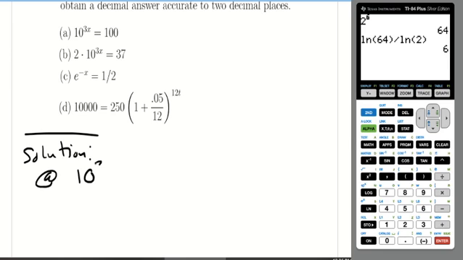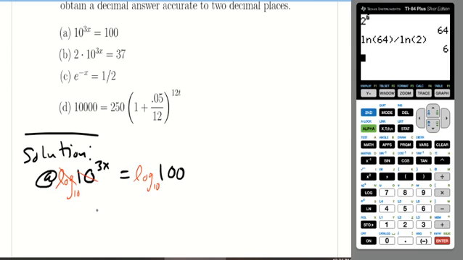So we don't have to do any algebraic manipulation at the outset, but we take log base 10 of both sides, and remember log base 10 is just log, no base. That's the common logarithm. Then that switches us to logarithmic form. So the log base 10 and the 10 cancel.